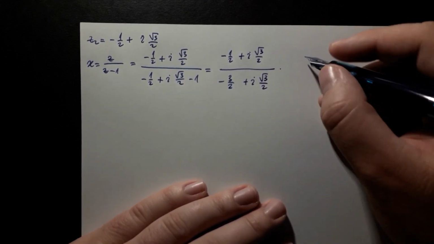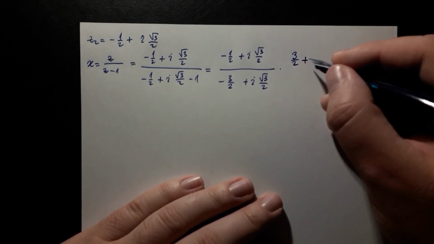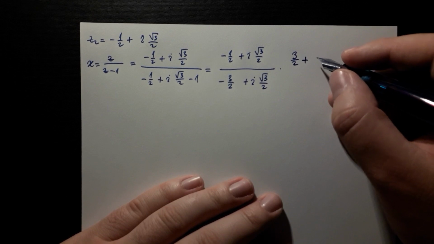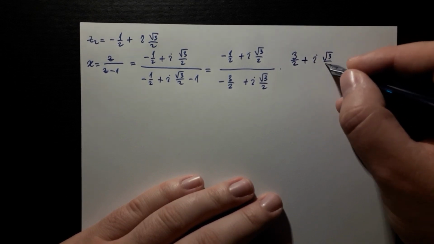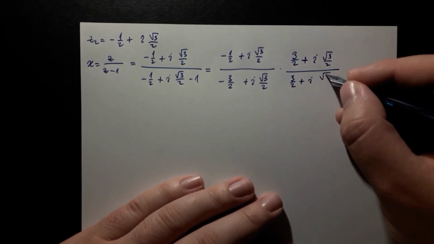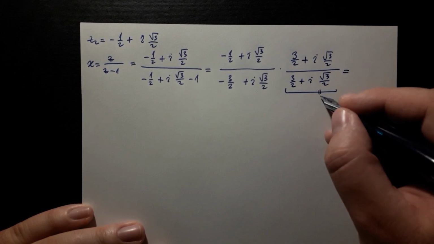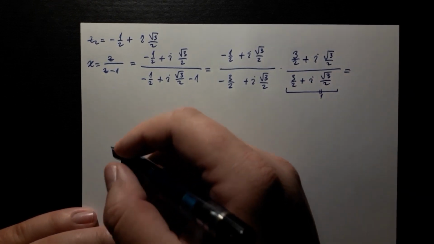And of course we can do the same thing as before. Multiply with 3/2 plus i square root of 3 over 2 divided with 3/2 plus i square root of 3 over 2. This is basically equal to 1, so we don't change anything.